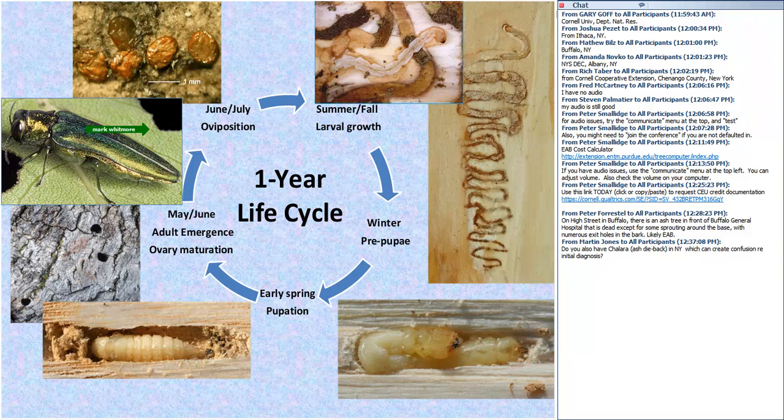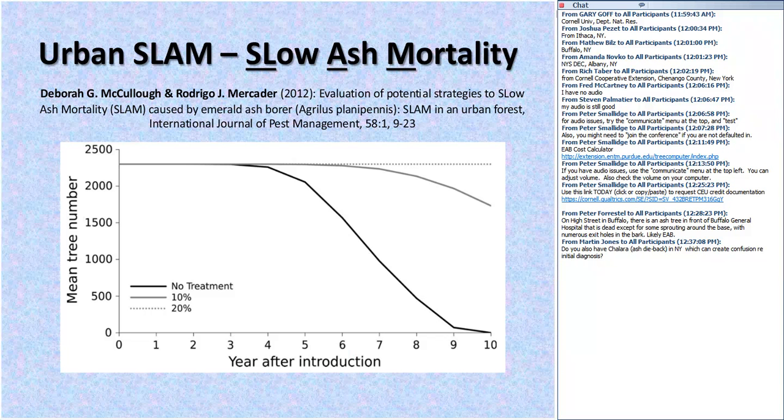This is another vulnerable point in the life cycle that is just being considered as a possible control venue. We actually dismissed it. I dismissed it earlier. I thought, oh, adults feeding, what the heck. But Deb McCullough and Rodrigo Mercader came up with this beautiful model, and it's a model, okay?